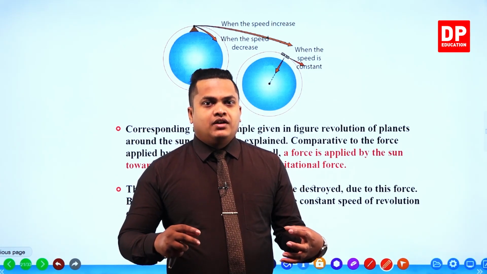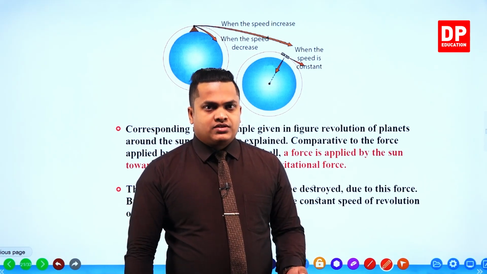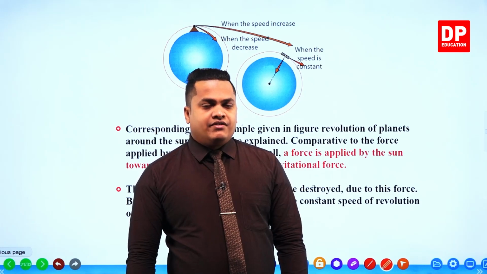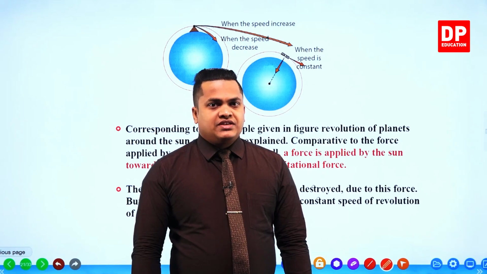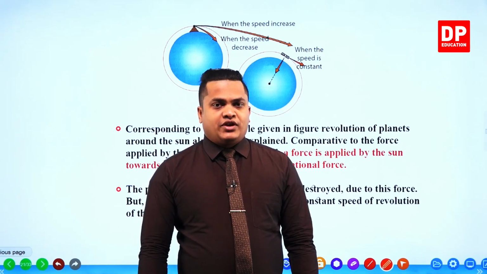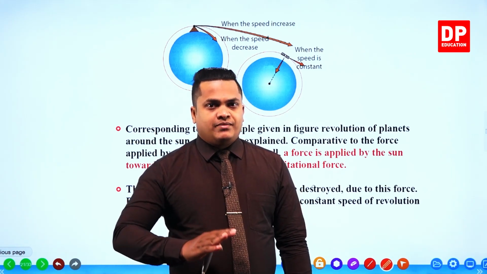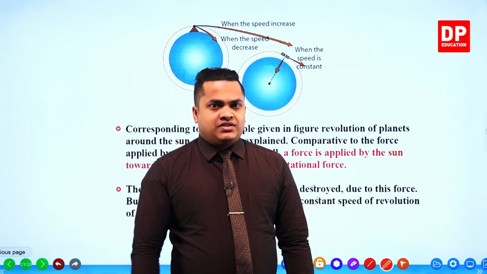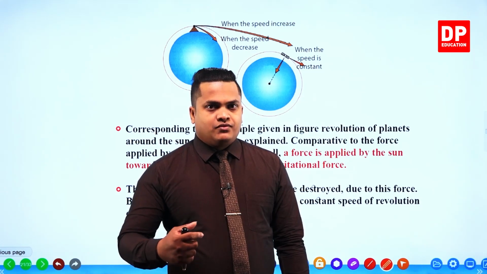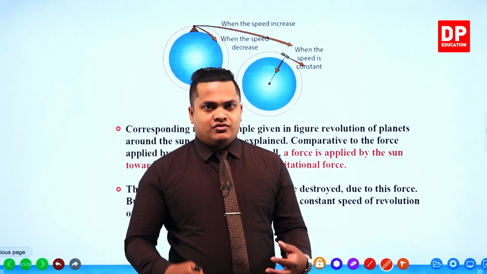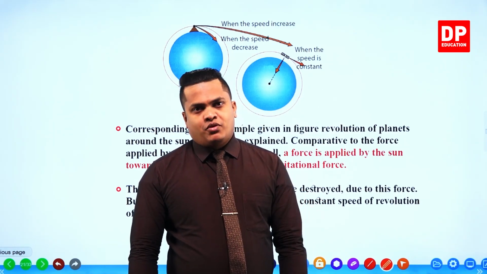The revolution of the moon around our planet Earth also works because of the gravitational effect given out by the Earth. And also, my dear children, I told you about the satellites. A satellite is also rotating around our Earth. I told you at the beginning of the lesson, satellites are important for the global positioning system, GPS, and for the tracking of mobile phones, and when you are using data connections and internet connections.